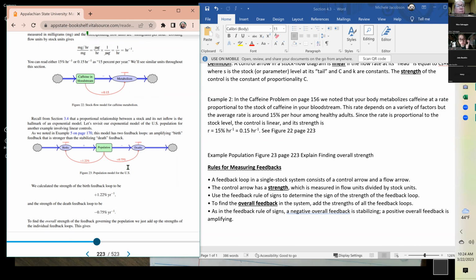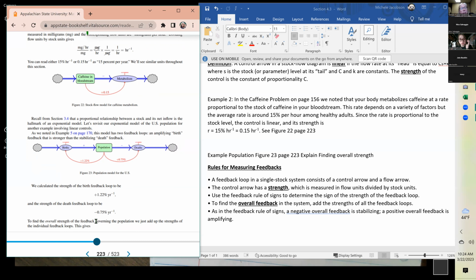The 0.75 was this. That is on average approximately how many deaths we get each year. Any questions on the values? So what they did was they just did research and found out on average each year what percentage the births increase by, and what percentage deaths increase by.